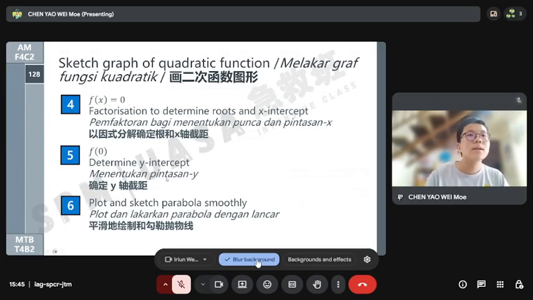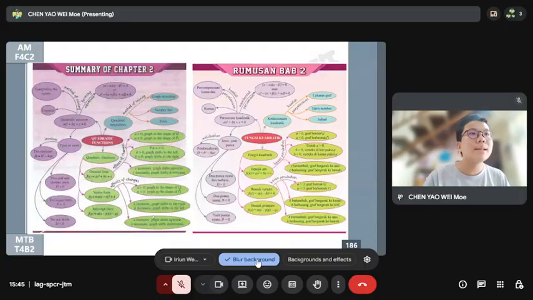Now, let's conclude our lesson today. We learn three things. One is quadratic equation, one is quadratic inequalities. From quadratic equation, we can determine the types of roots.